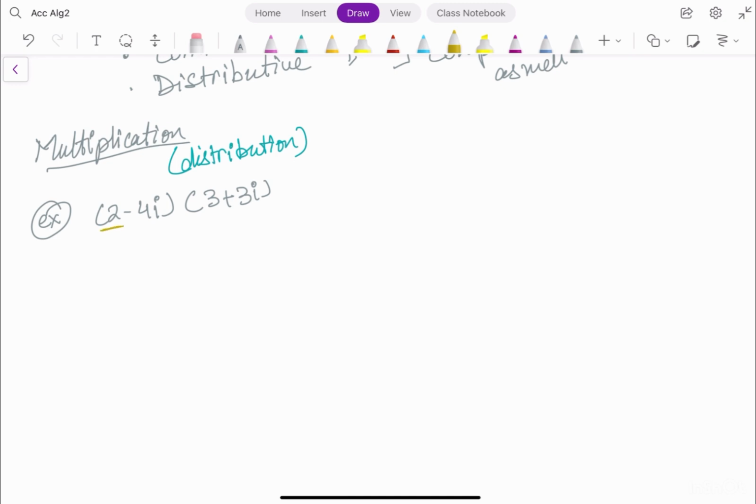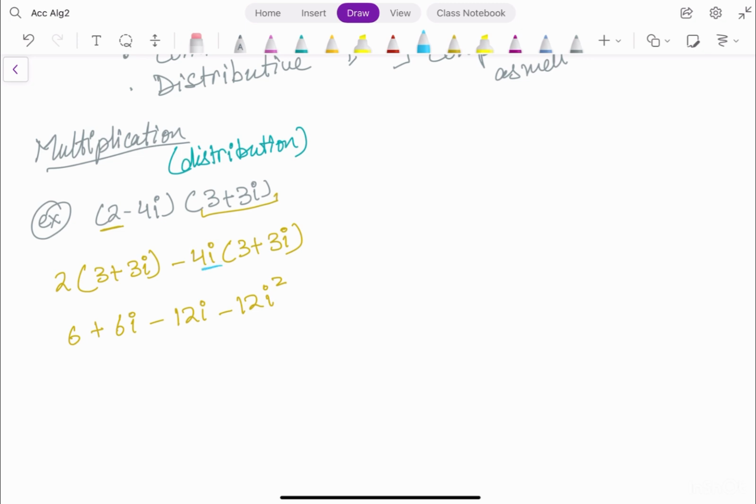I will take the first number, which is 2, and multiply with the second bracket, 3 plus 3i. Take the second term, which is negative 4i, and multiply with the second bracket. Now 2 will be distributed with 3 and 2 will also be distributed with 3i. That will give you 6 plus 6i, and the other bracket will give you the interesting part.